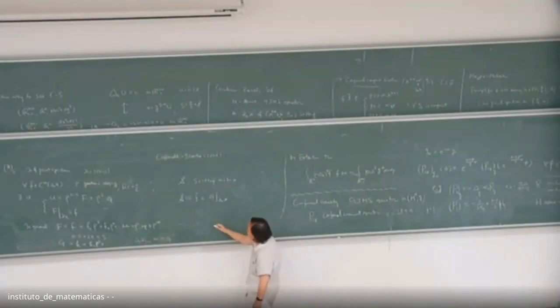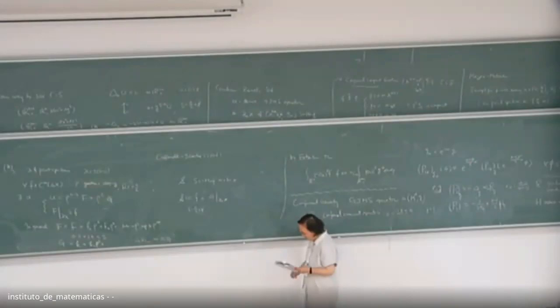And this s is n over 2 plus gamma. And so that's the scattering matrix. So that's the definition of this.